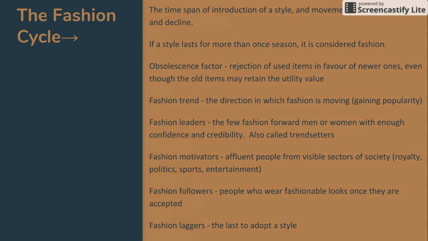Fashion motivators are people from visible sectors of society, so people that other people look to change their fashion style. Fashion laggers are people who adopt a style that is already on the way out. So if you look at, for example, the styles at Walmart, some of those styles might be from last season or even the season before.